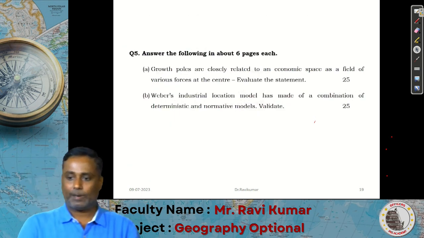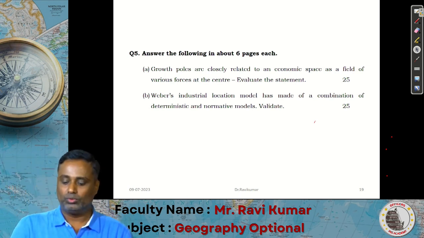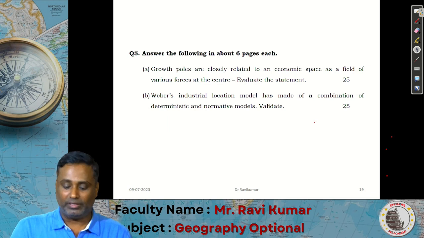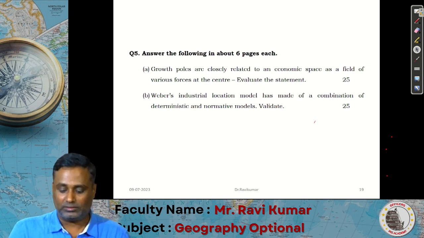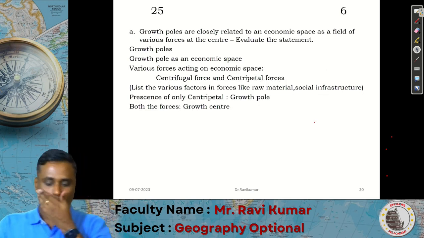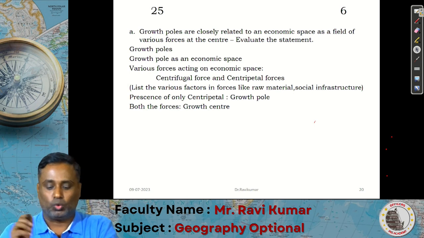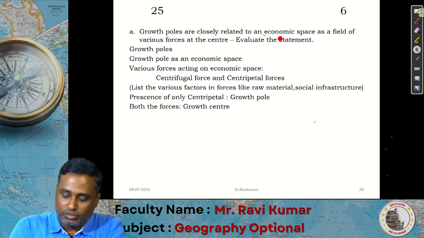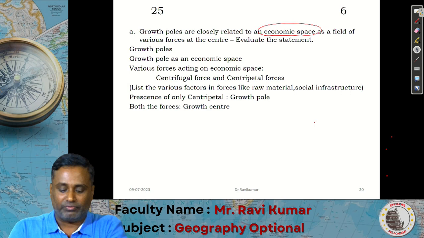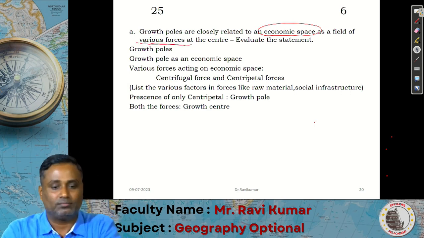Okay, question number 5. Growth poles are closely related to an economic space as a field of various forces at the center. Evaluate the statement. What does it mean?